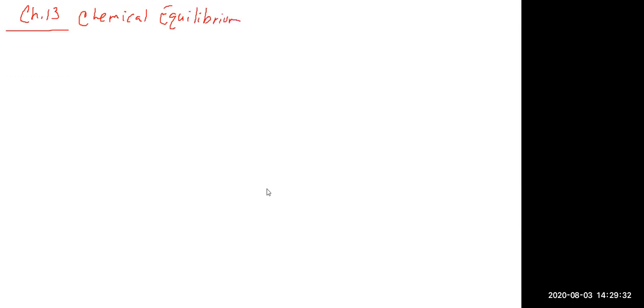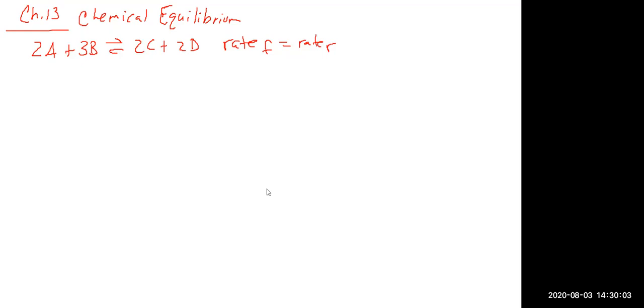Chemical equilibrium, as hopefully you're familiar with, as we've talked about many times throughout the semester, involves a certain type of reaction, which is a reversible reaction. When we talk about equilibrium, it means that the rate of the forward reaction will equal the rate of the reverse reaction.